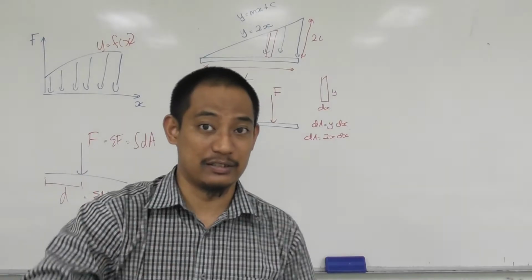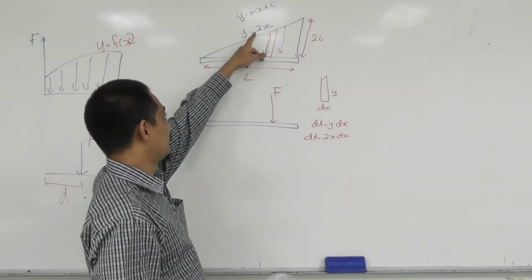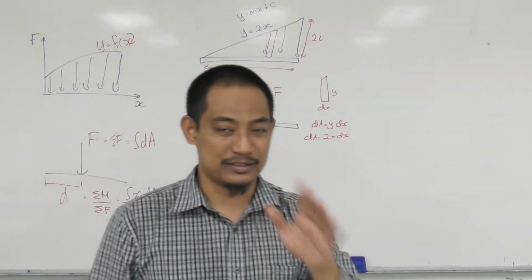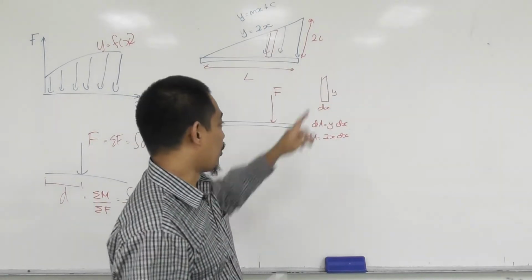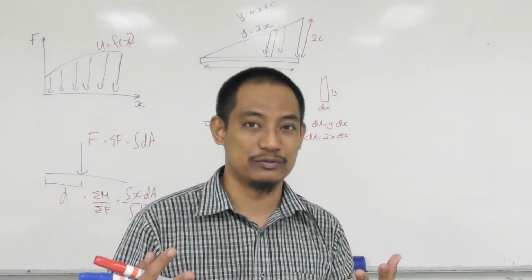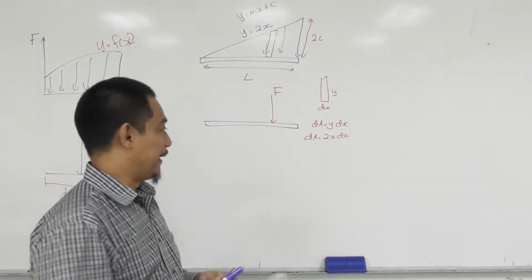This is for your understanding, because this is if the slope is 2. If the slope is 1, then this becomes L, and you can recalculate and you should get the same answer whether you use half times base times height or you use integration, because you are calculating the same thing using a different method.